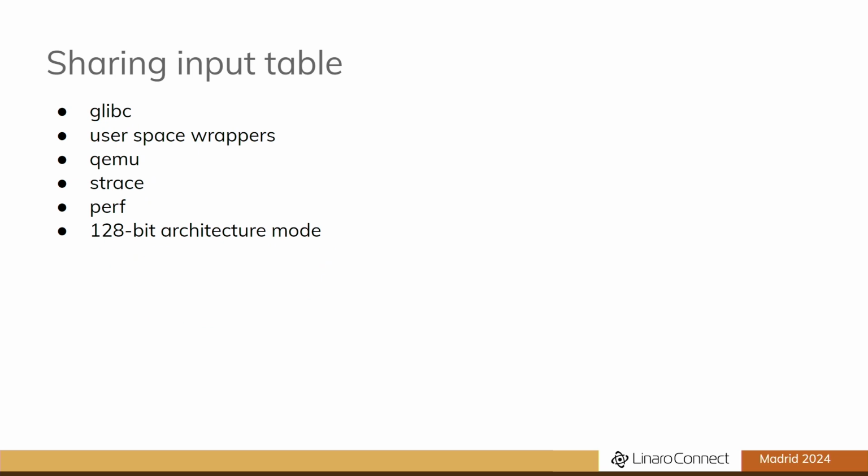And then strace and perf are the projects that have a list of all the system calls. They need to know the name of the system call, the number, and the arguments, and I'm sure there's more of those. Another example would be language bindings for Rust and Python. Anything that is not C but wants to call a system call might need to have the same kind of wrappers, and we can generate them all once we have this information in tables.